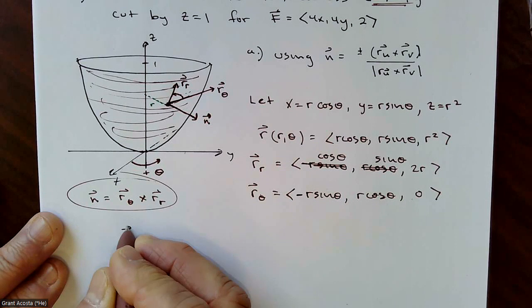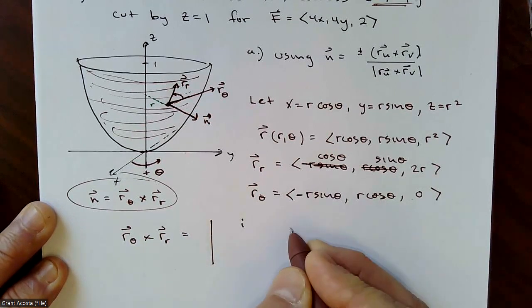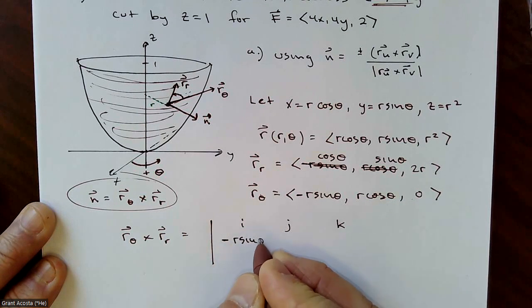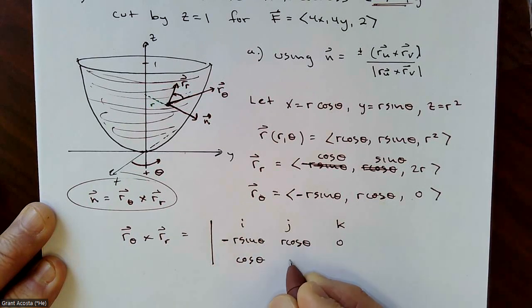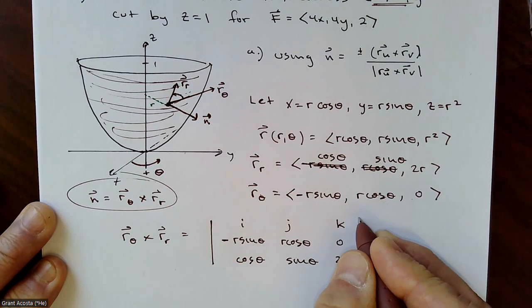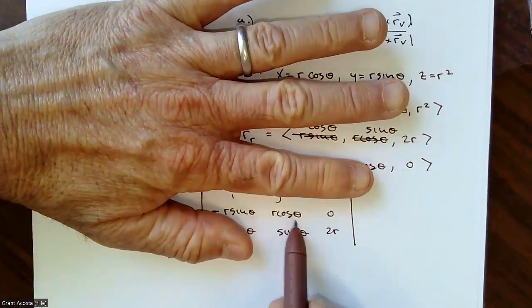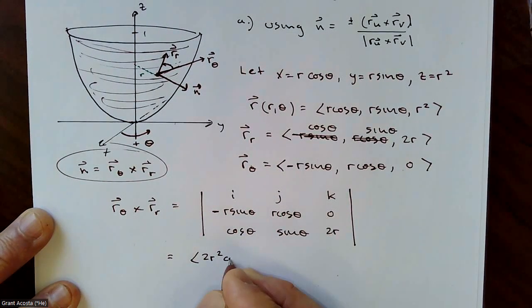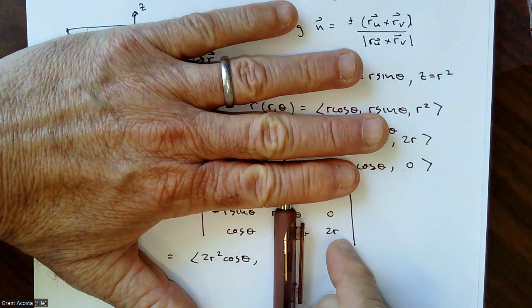Okay, now we've decided on n. So r sub theta crossed with r sub r. It's going to give me the vector j, 2r squared cosine theta minus 0, minus negative 2r squared sine theta minus 0.